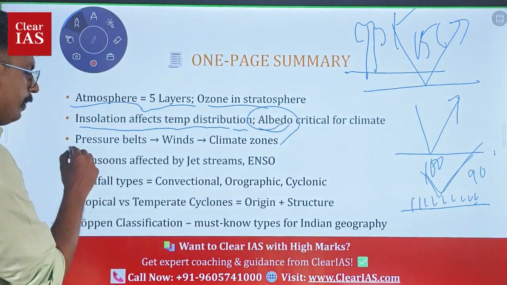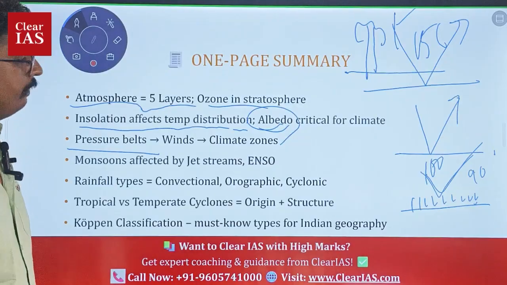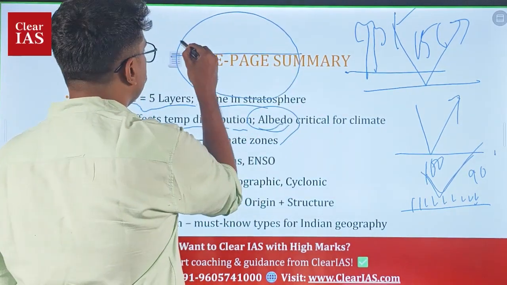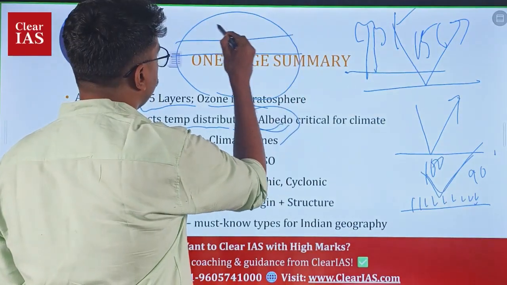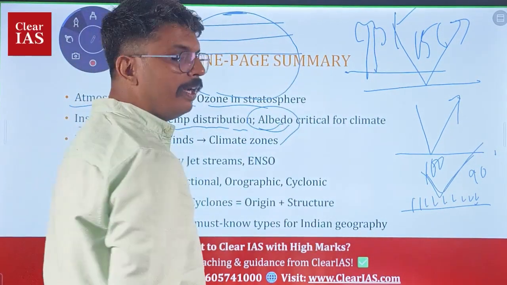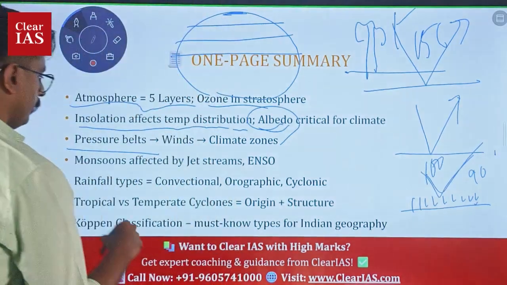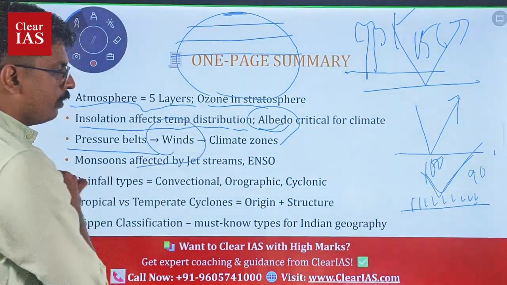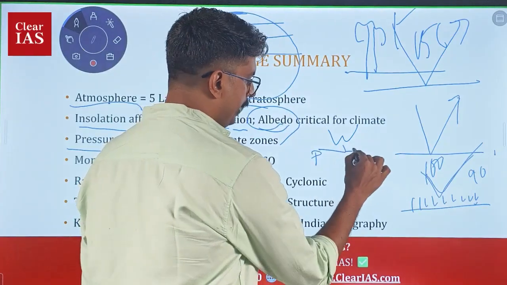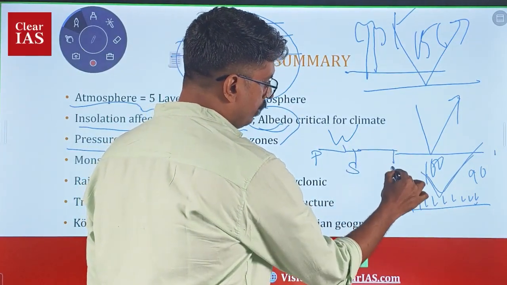Then we studied pressure belts: the equatorial low pressure belt, subtropical high pressure belt, subpolar low pressure belt, and polar high pressure belt. Then we studied winds: primary winds, secondary winds, and local winds.